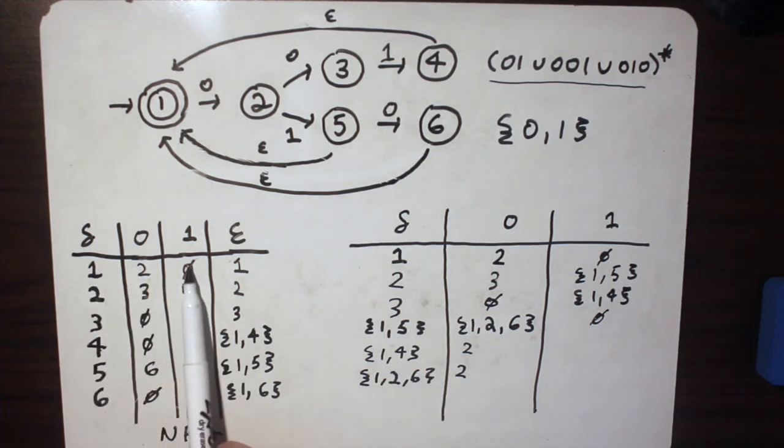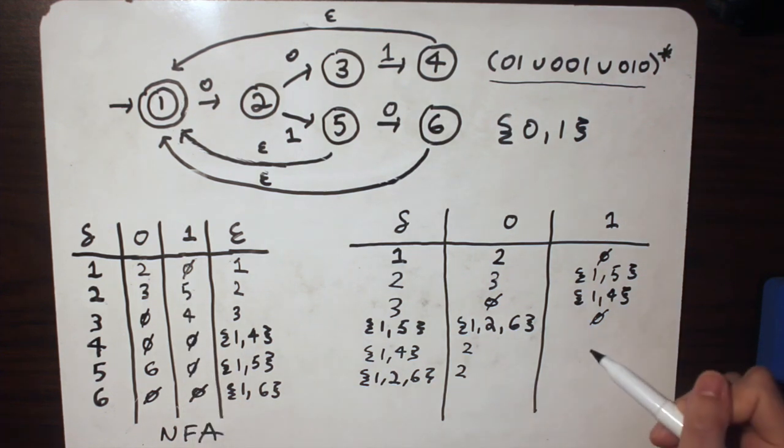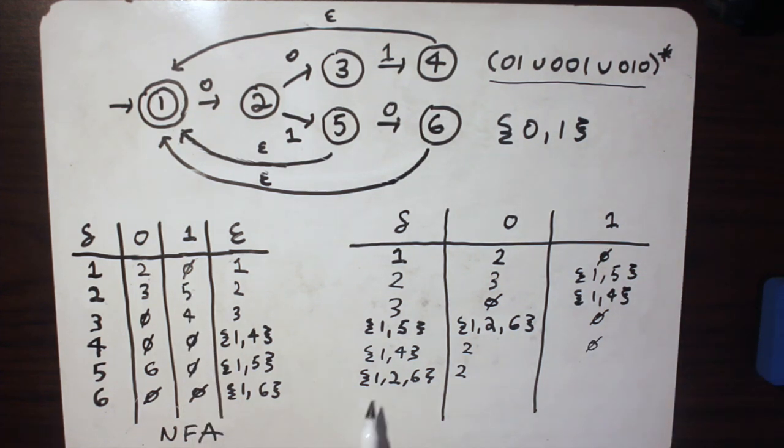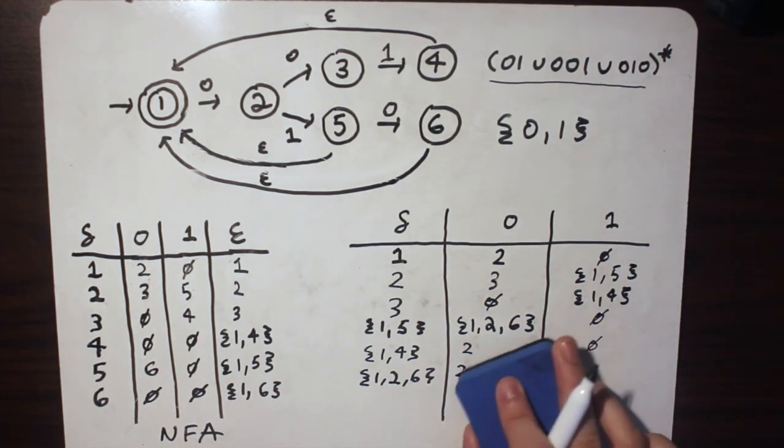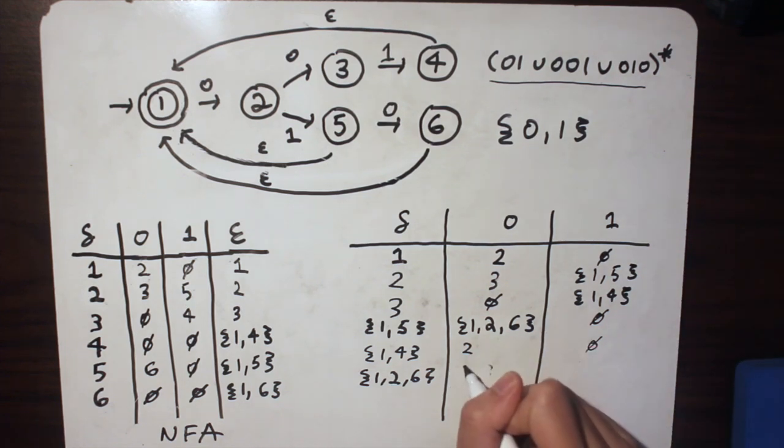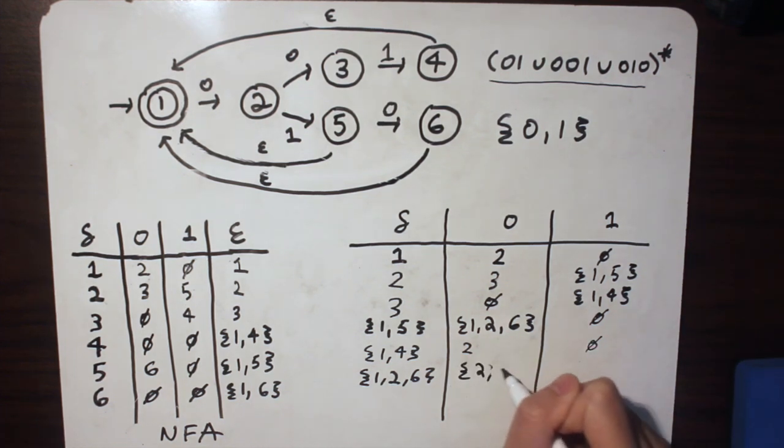For 1 and 4, we have an empty set here and an empty set here, so I'm going to put that right over there. And then checking for 2 right here, on an input of 0, we can go to 3, and then on an epsilon, we'll just be in state 3. And then 6, on an input of 0, we have that empty set, so I'm just going to keep it to these 2 numbers, 2 and 3.